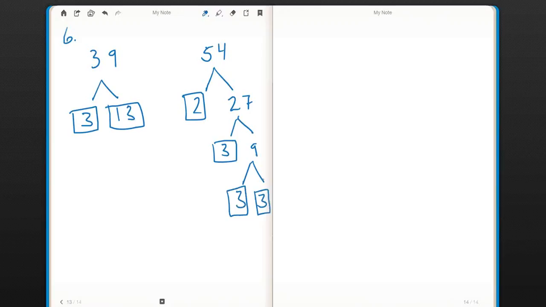And the question they're asking me is, what is the common factor besides 1? Well, the only number that these have in common is that both of them have a 3. 54 does not have 13 as a factor, and 39 doesn't have a 2 as a factor, nor are there multiple 3s that we could take out. And so the answer is simply that 3 is a common factor of those numbers.